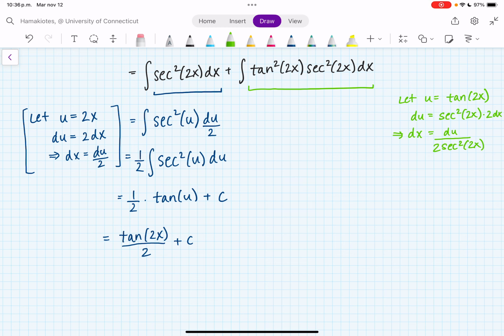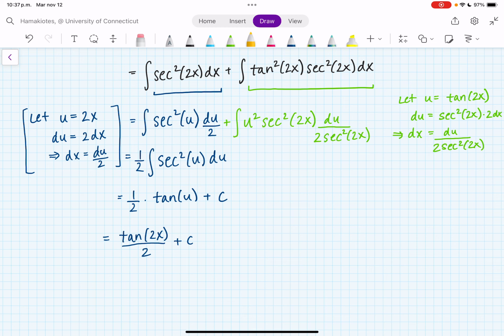So now I can go back to my integral and do some of the substitution. So tan squared of 2x becomes u squared, and then I don't know what to do with secant yet, so I'm just going to write that out, secant squared of 2x. And then dx is du over 2 secant squared of 2x.